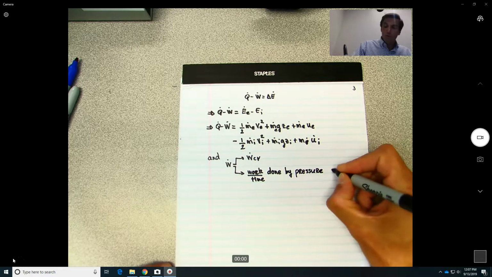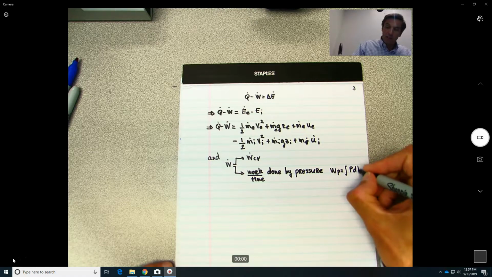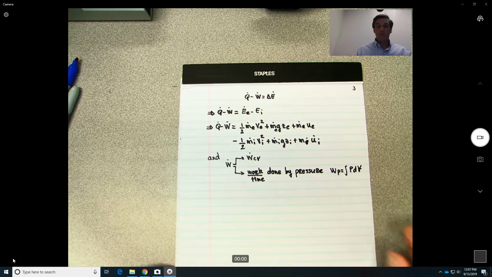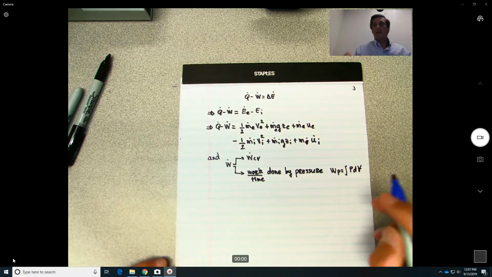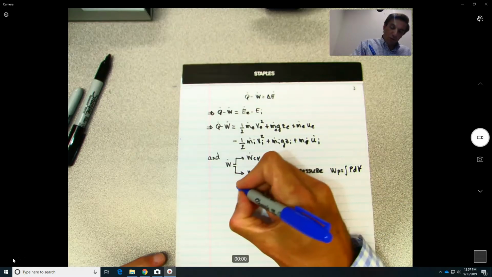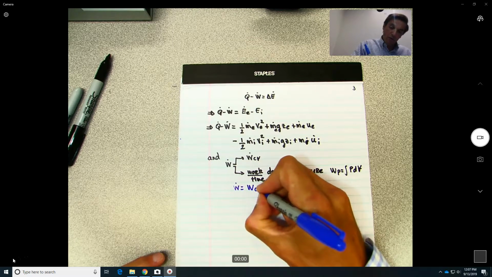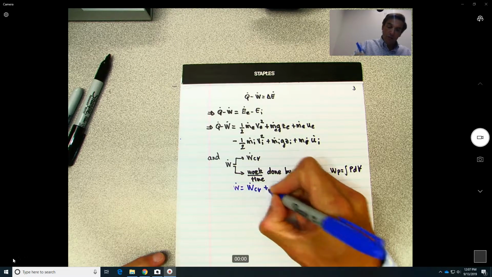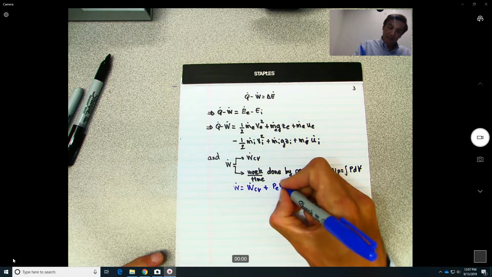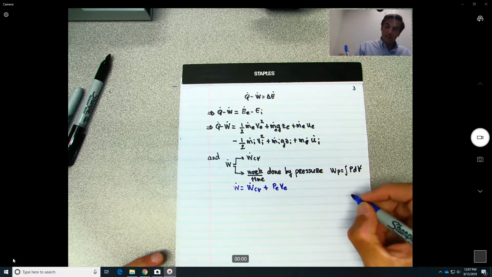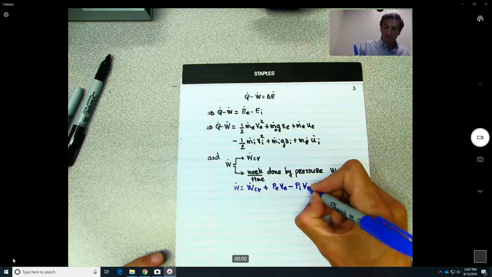If you remember, the work done by pressure was equal to the integral of P dV, where V is the volume. So I can rewrite here that the power will be equal to the one of the control volume plus P exit V exit minus P inlet V inlet.